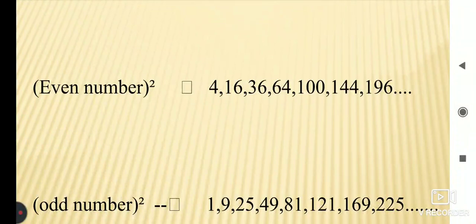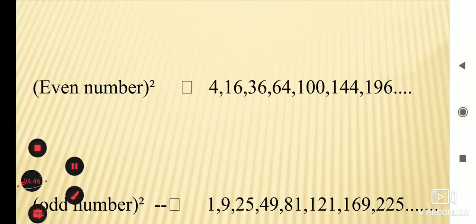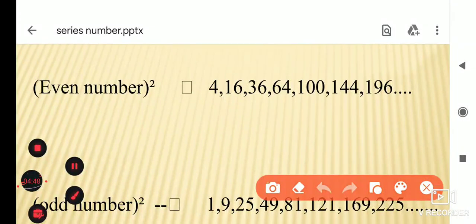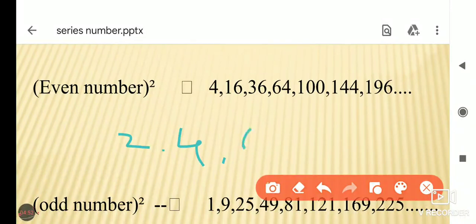These numbers 2 4 6 8 are even numbers. So in this pattern, we can easily find the squares of even numbers.